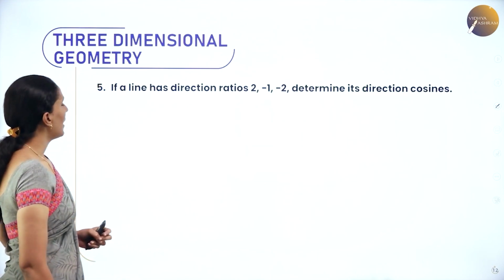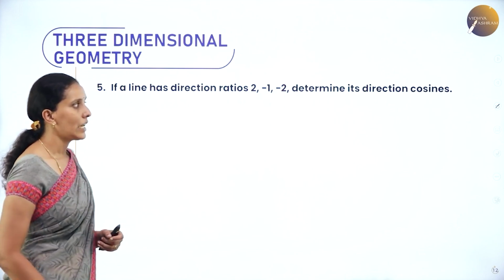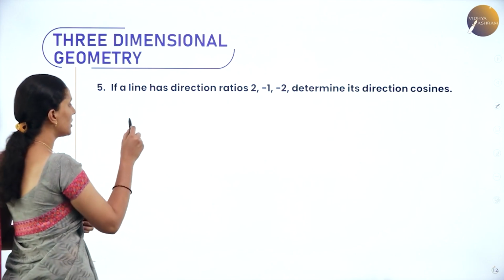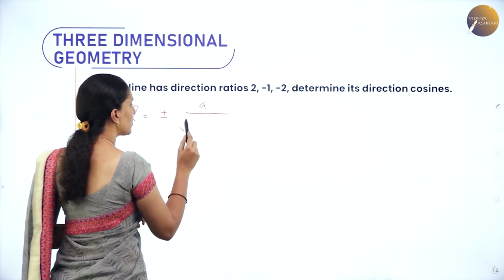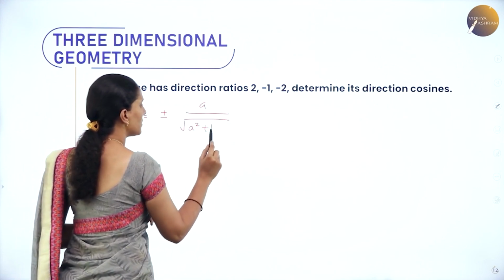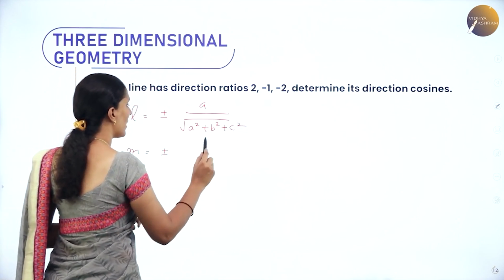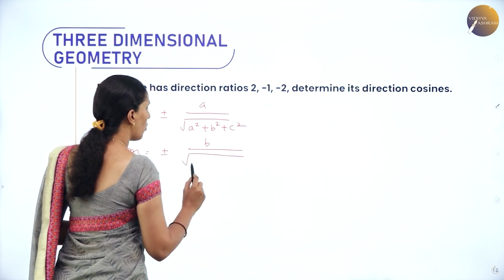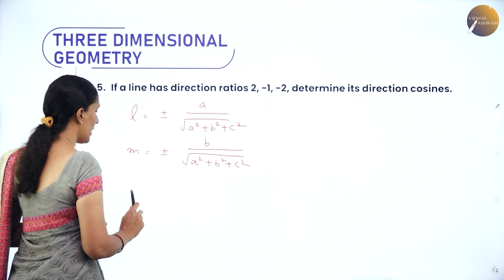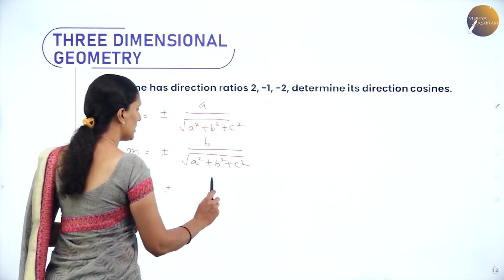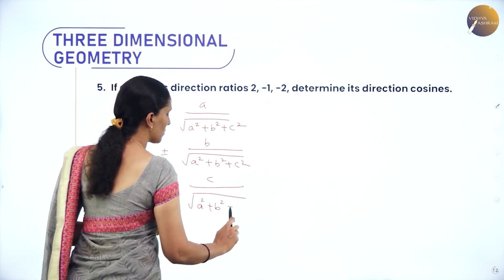Next, if a line has direction ratios 2, -1, -2, determine its direction cosines. We know that L is plus or minus A divided by square root of A square plus B square plus C square, and M is plus or minus B over the same root, and N is plus or minus C over the same root.